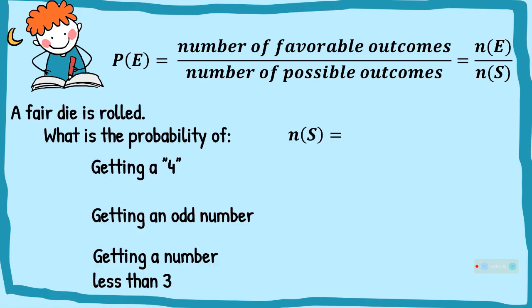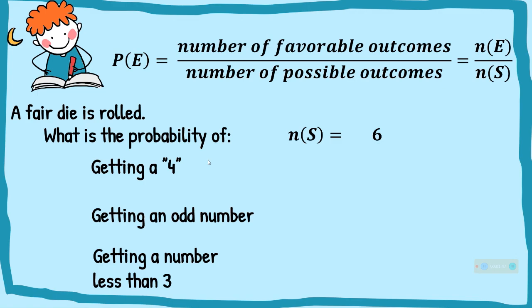Okay, so how are we going to use this? Let's answer the following questions. A fair die is rolled. What is the probability of getting a 4? For us to solve this, let us have first the N of S, which is the number of sample space or the number of possible outcomes. In all, we have 6 because we all know that a fair die is numbered from 1 to 6.